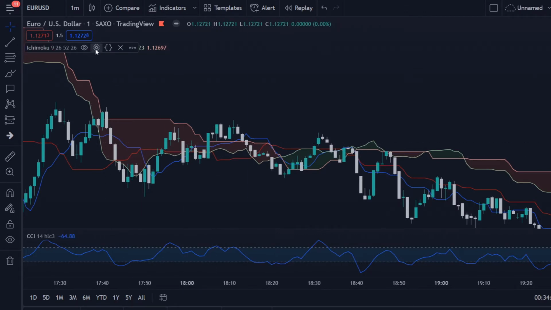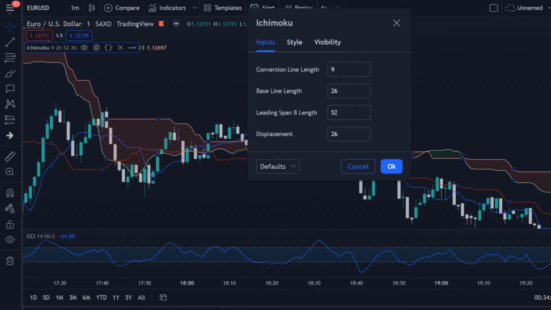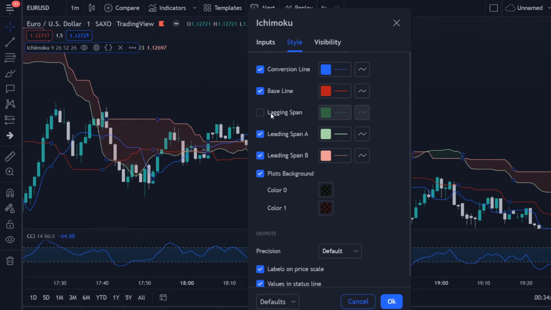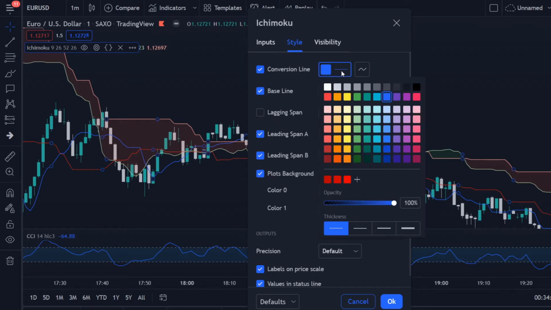We will adjust the settings, so make sure to use the default settings for the Ichimoku indicator, but we change over here the lagging span. We disable the lagging span. We do not use that for our trading strategy, and you can play around with the conversion line if you prefer a green color or a yellow color or a black or white color.